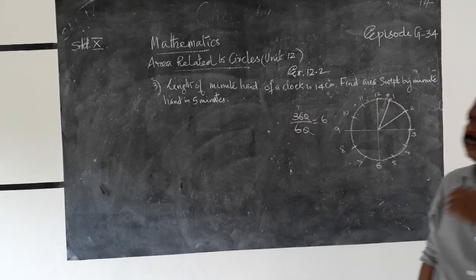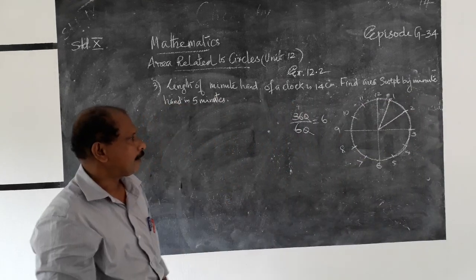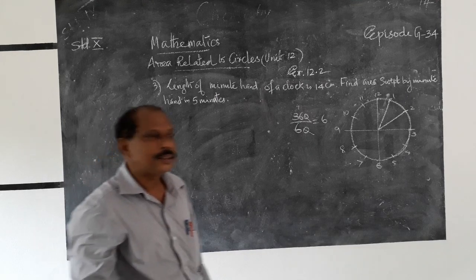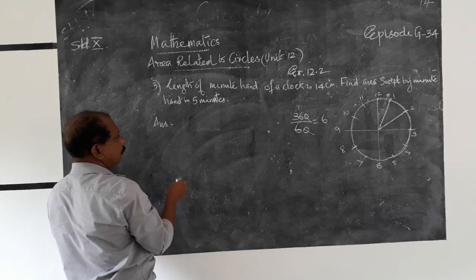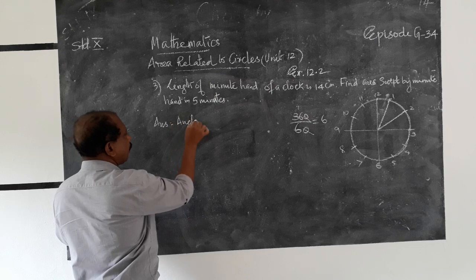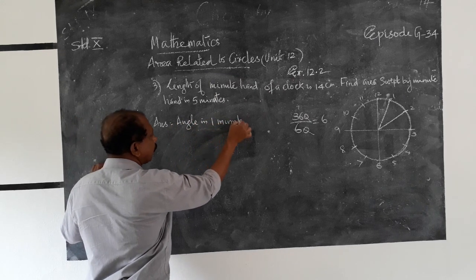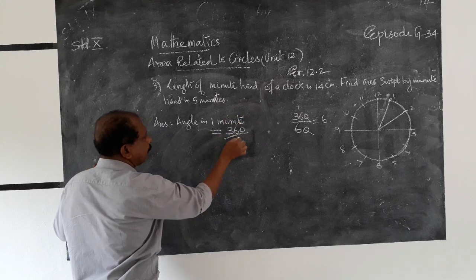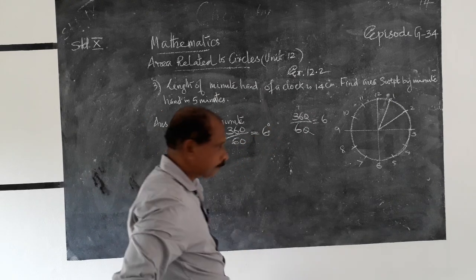Therefore, in 1 minute, how many degree? 6 degree. Angle in 1 minute is equal to 360 by 60 is equal to 6 degree.